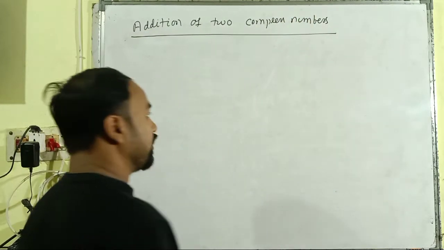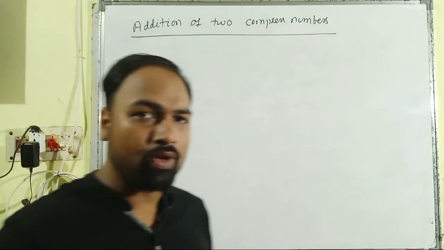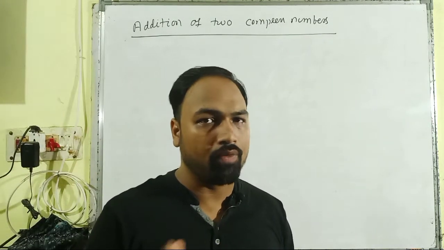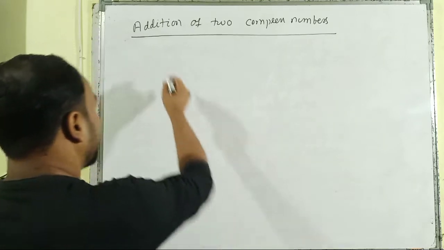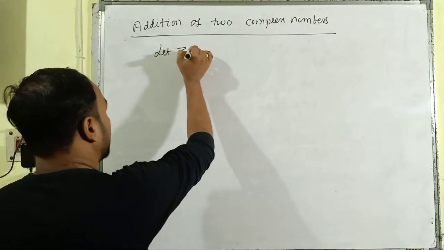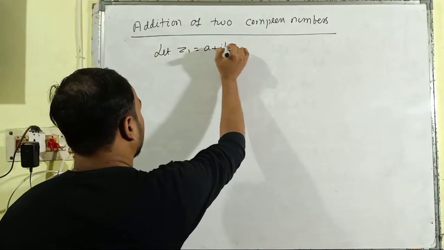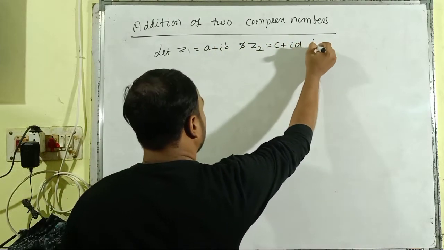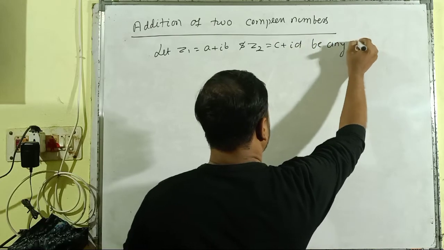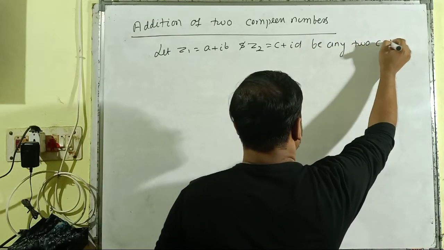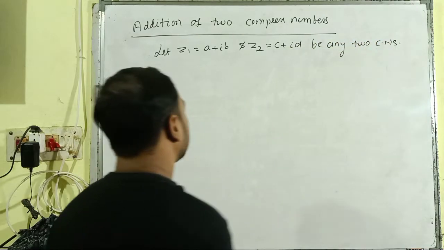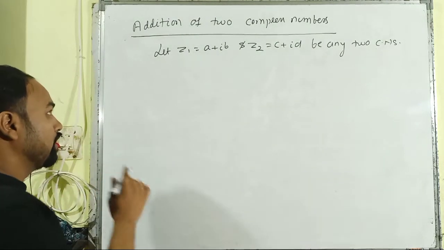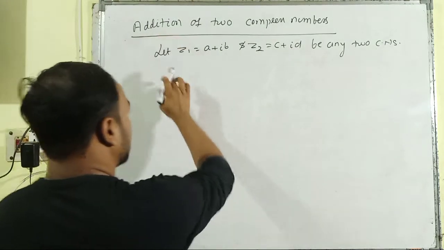That means we have to take two complex numbers and then find the sum or addition of both of them. Let Z1 is equal to A plus iB and Z2 is equal to C plus iD be any two complex numbers. And then we have to find the addition, that means their sum.